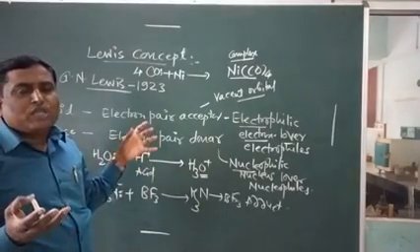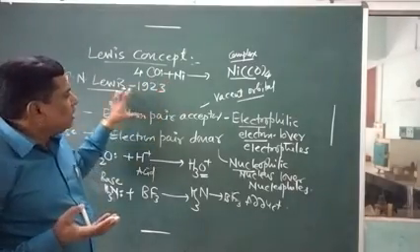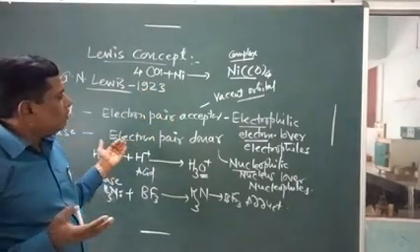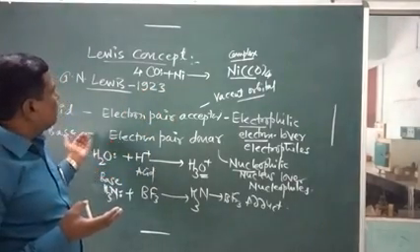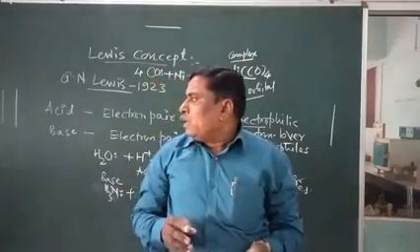Formation of positive and negative ions can take place, and therefore they can also act as bases. Now this classification we have seen in the Lewis concept. This is how the Lewis concept can be explained.